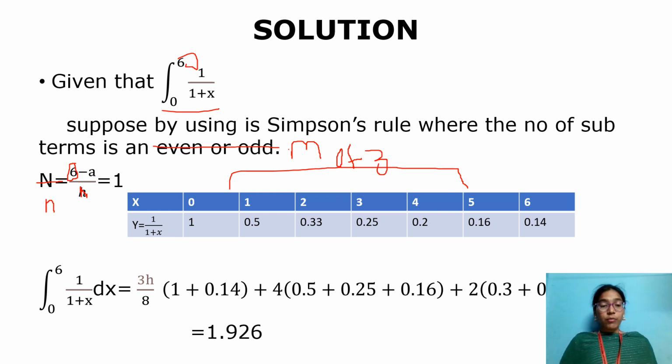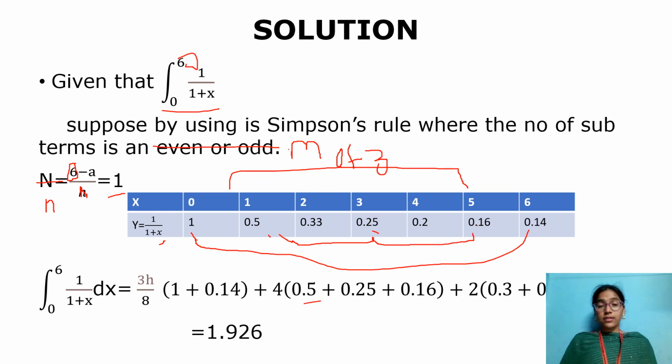To substitute the values, the formula is the integral from 0 to 6 of 1 by 1 plus x dx equals 3h by 8, where h is 1. So we get 3h by 8 into the sum of first and last terms, 1 plus 0.14, plus the multiples of 3 and the remaining values: y0, y1, y2, y3, y4, y5, y6.